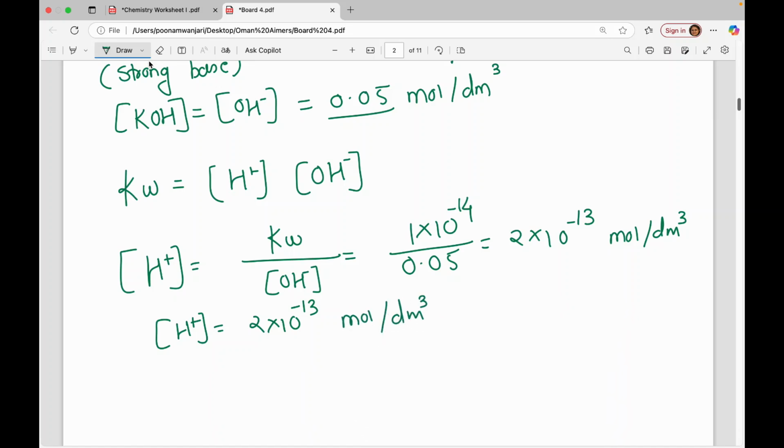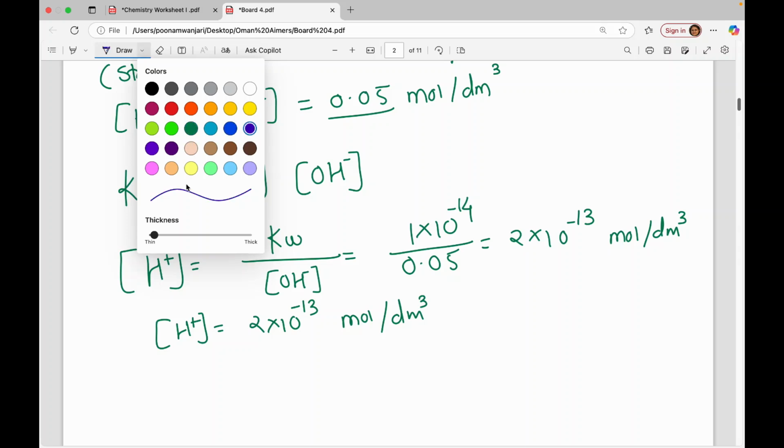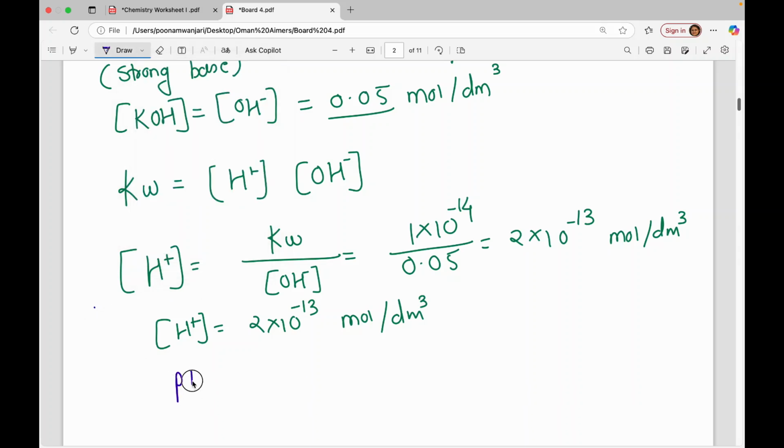Now calculate pH by using the formula: pH is equal to negative log to the base 10 of the concentration of H plus ion, which is negative log of the H plus value.